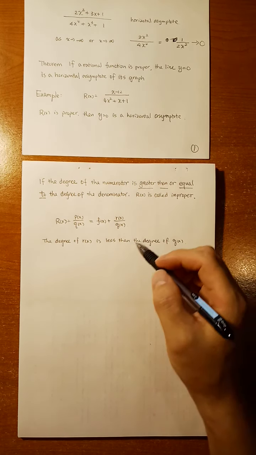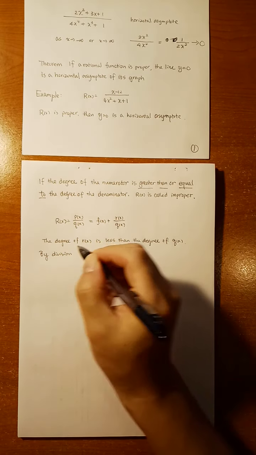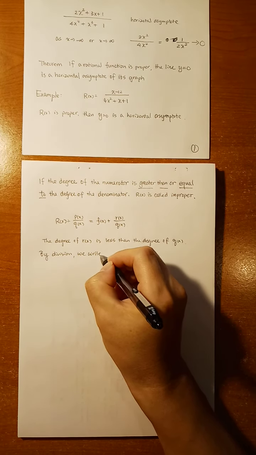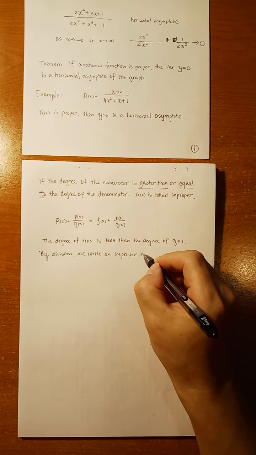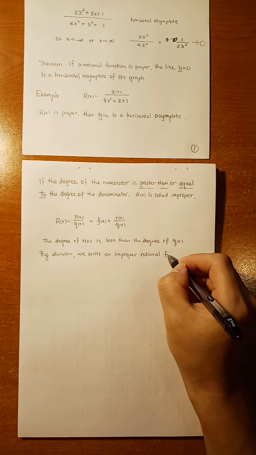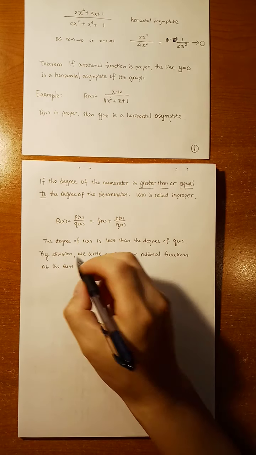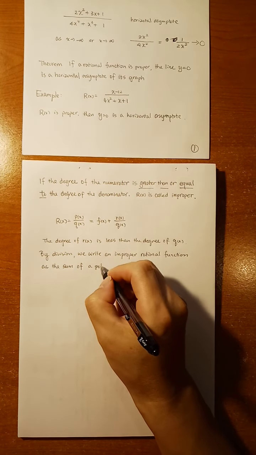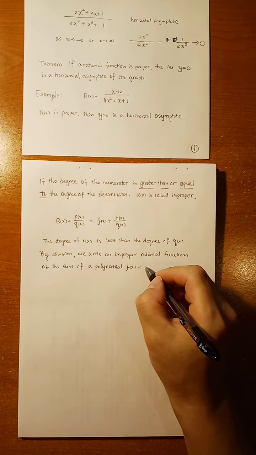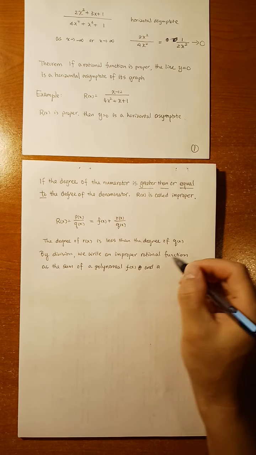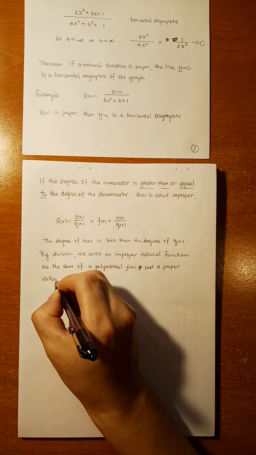So by long division, we write an improper rational function as the sum of a polynomial f of x and a proper rational function.